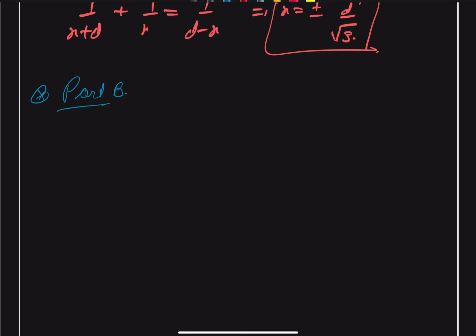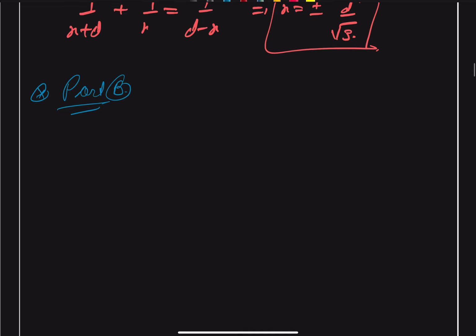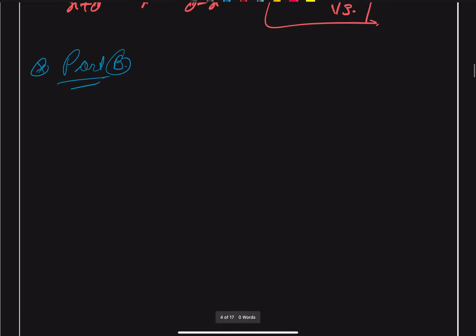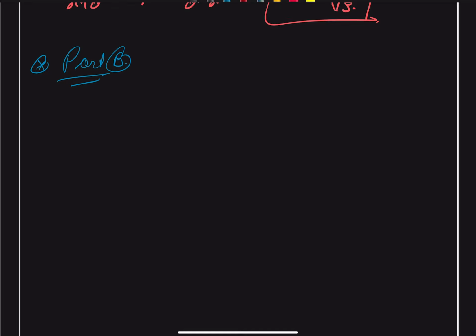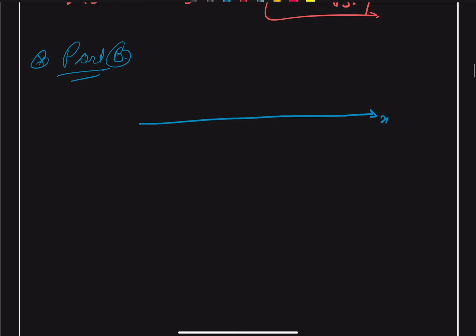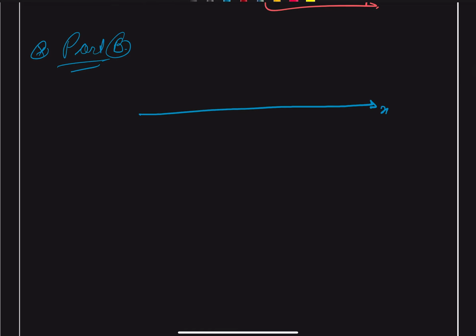Part B says that the wire at the center is moved slightly. We can just redraw the figure. So this is our x-axis, and we have three wires.